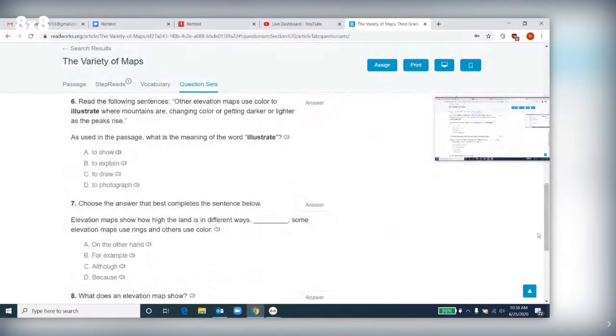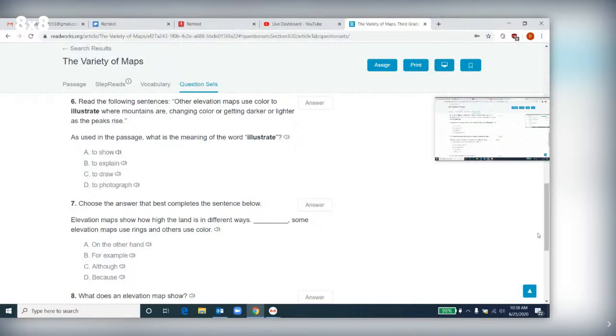Choose the answer that best completes the sentence below. Elevation maps show how high the land is in different ways, period. Blank, some elevation maps use rings and others use color. So, on the other hand, maybe, for example, because it's giving you two examples right there.